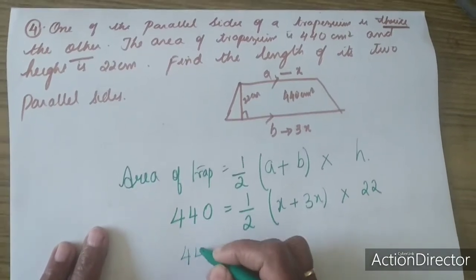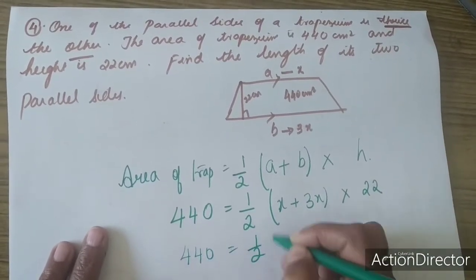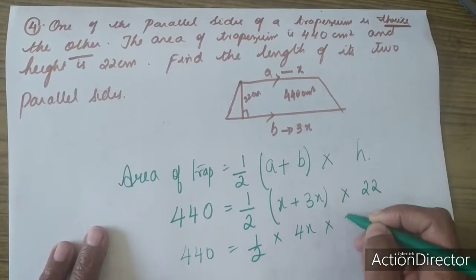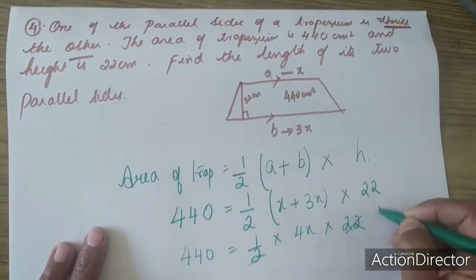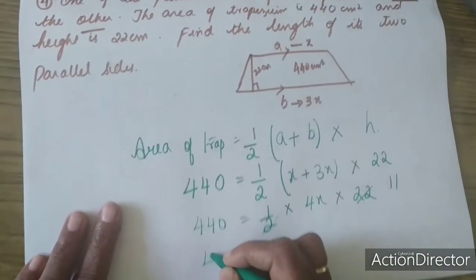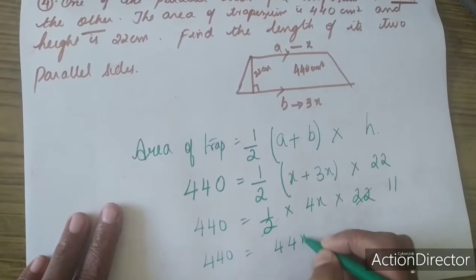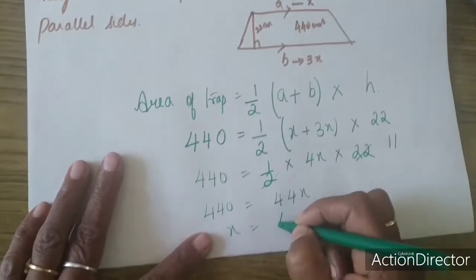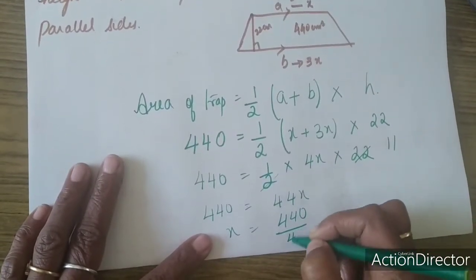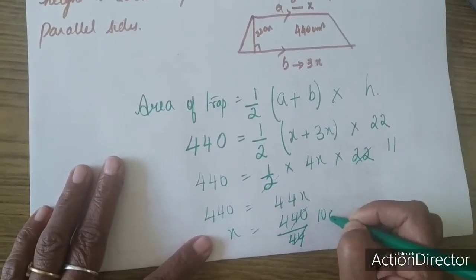So 440 is equal to half into 4x into 22. So we can cut this. So 440 is equal to 4 into 11, which is 44x. Our x is equal to 440 upon 44, which is equal to 10 centimeter.